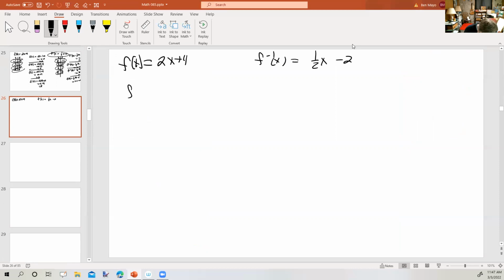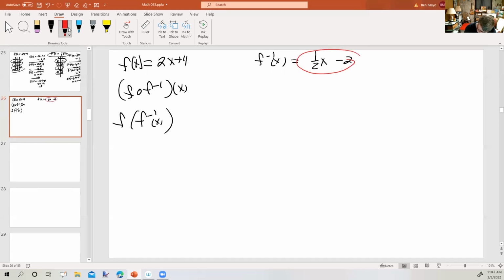So I'm going to find f composed with f inverse of x. So that's f of f inverse of x. Well, f inverse of x is 1/2 x minus 2. So that's going to go in there. And we're going to have f of 1/2 x minus 2, which now goes in there.